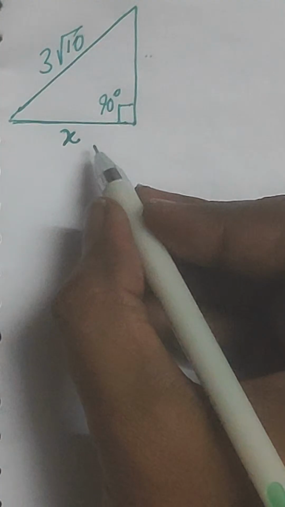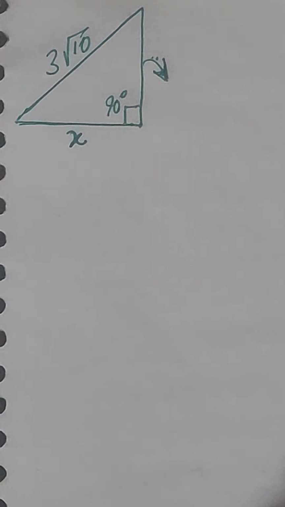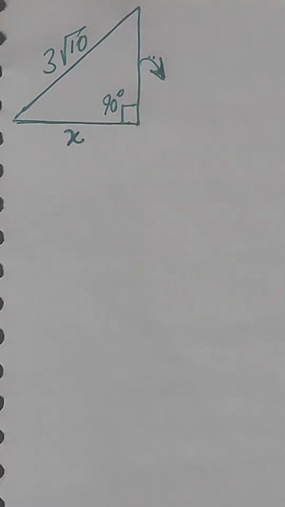So here we can see that if this is x, then the length of this part, the perpendicular, can be easily calculated by applying the Pythagoras. From the Pythagoras we know that hypotenuse square equals base square plus perpendicular square.